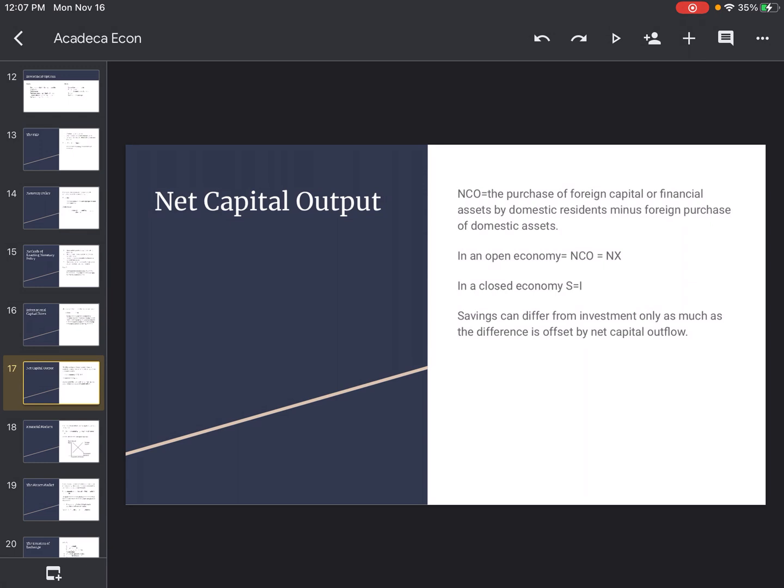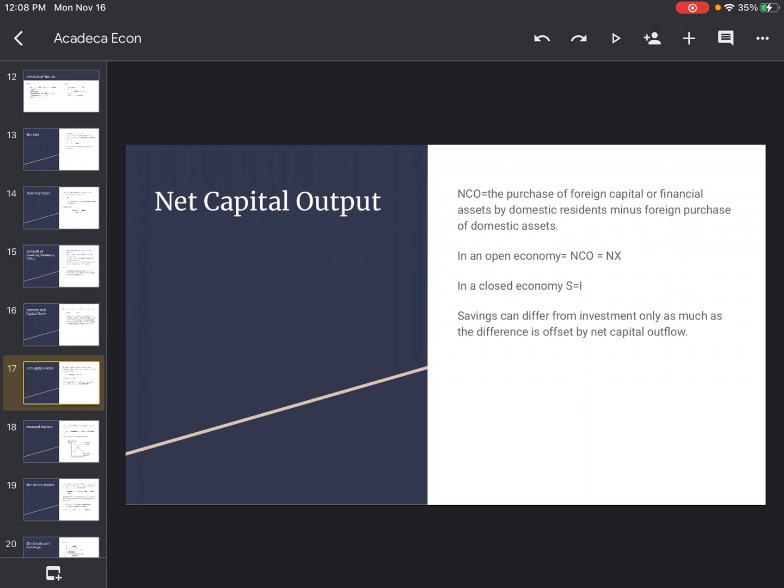In an open economy, NCO is equal to net exports, because they should be equal. But in a closed economy, savings is equal to investment. So there's not really too much to that. It's just kind of logistical reasoning, and it can often make those equations simpler if you're given stuff like an open or closed economy.